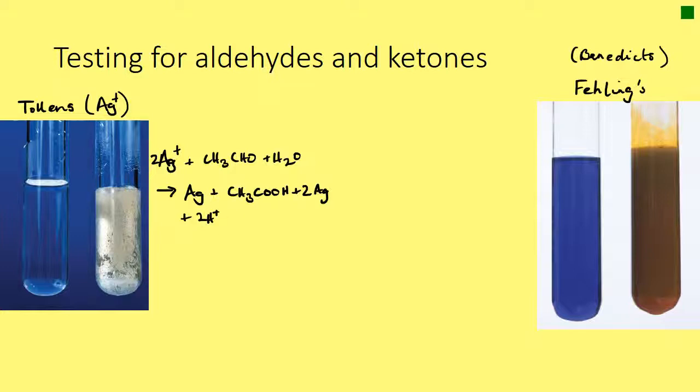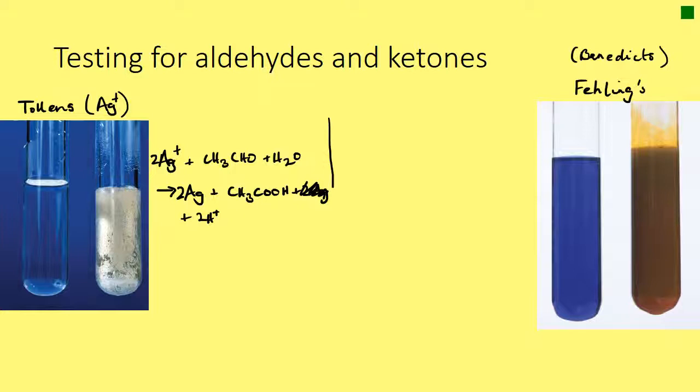So that's the reaction that happens. I should have put a 2 in there. So silver 1+ ions are reduced to silver atoms as your aldehyde is oxidized to your carboxylic acid, and you can see the silver. That happens with aldehydes, but it doesn't happen with ketones.